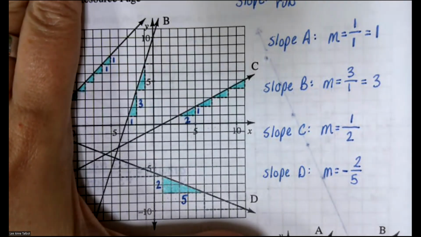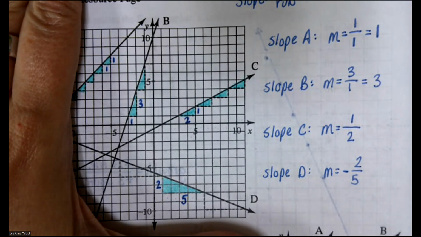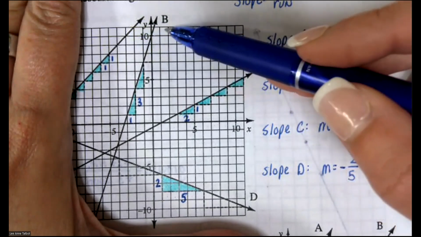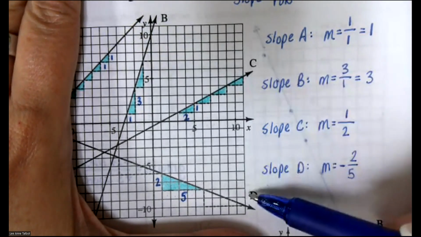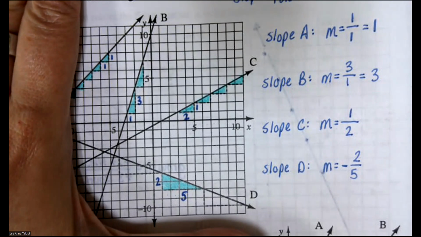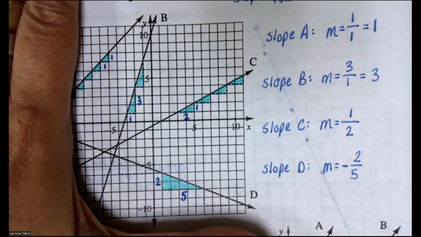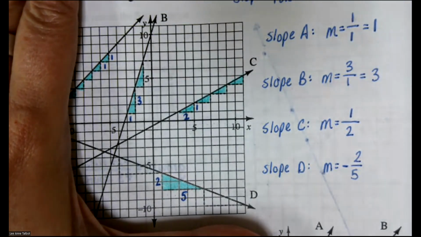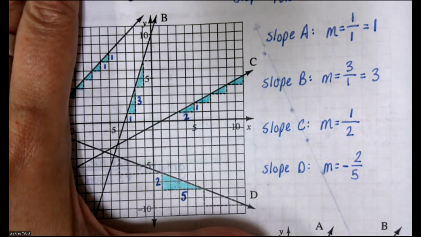Okay, now which one has arrows pointing up and which one has arrow pointing down? Positive, positive, positive, negative. She's a genius. I never would have thought of that. I could go to my grave and never have thought of that before, but I always learn stuff from other teachers, which is really cool.